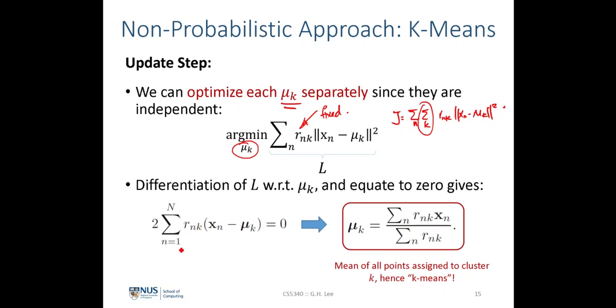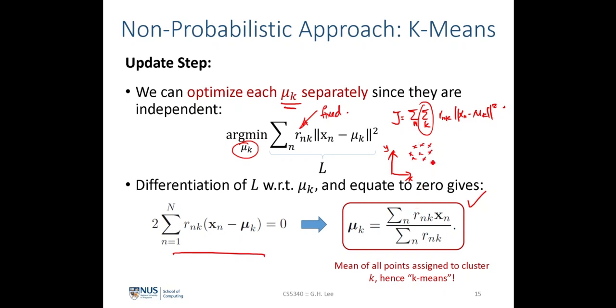We can easily see that this gives rise to this equation, where we can make mu k the subject, which allows us to compute mu k. Interestingly, what this means is that we are actually taking the mean or the centroid of all the observations assigned to cluster k. As illustrated earlier for the 2D case, suppose all these data points here are assigned to cluster k.